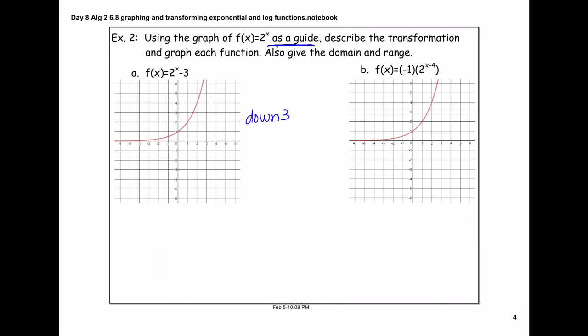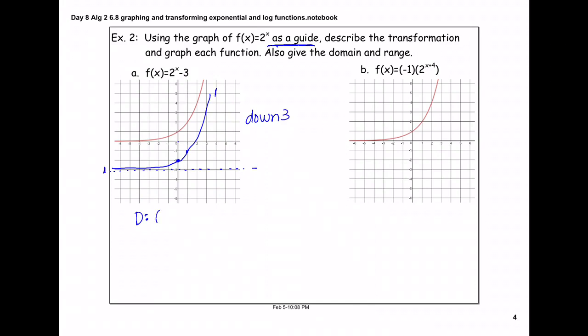So if we translate our points down 3, -3 is going to become our new horizontal asymptote. So our graph's going to approach -3 but not touch it, and increase. If we state our domain of our function, we're looking at our x values.